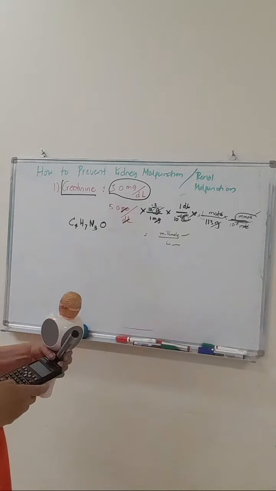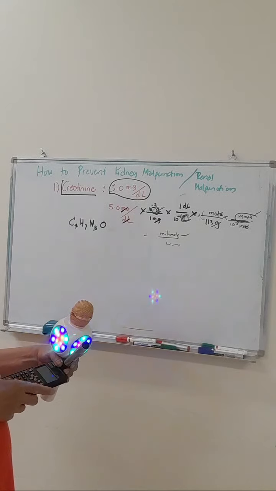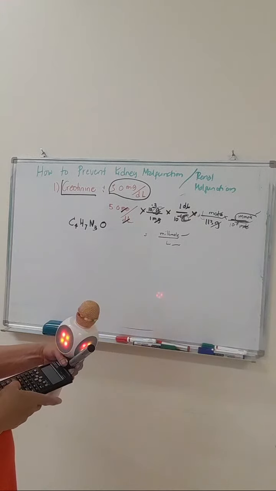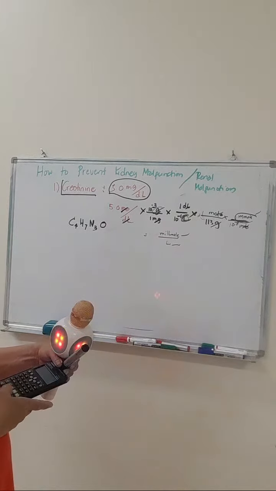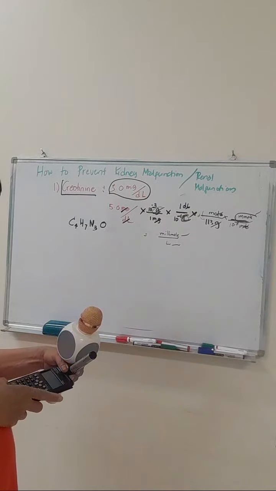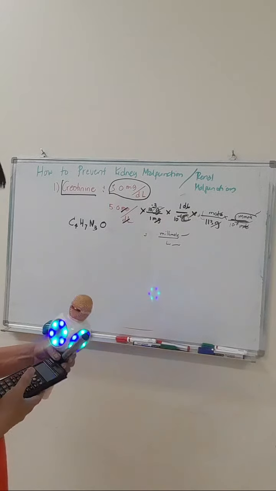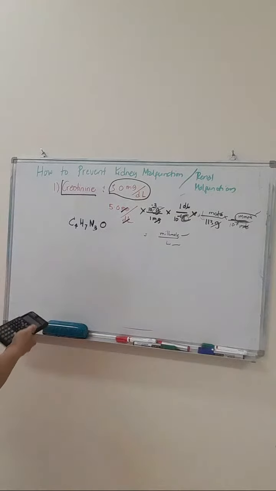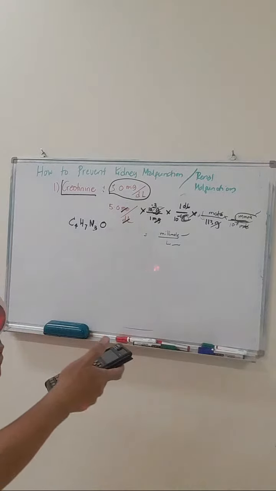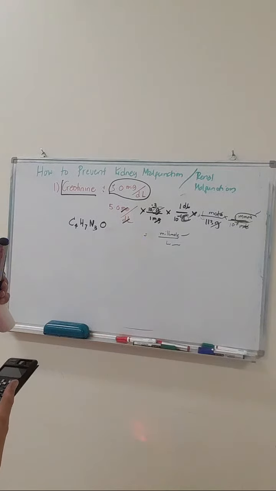Therefore, 1.13 na siya. Then 10 to the negative 3 times 5 divided by 1.13 gives 0.04 millimole, something like that. About 0.03 millimole, something like that.